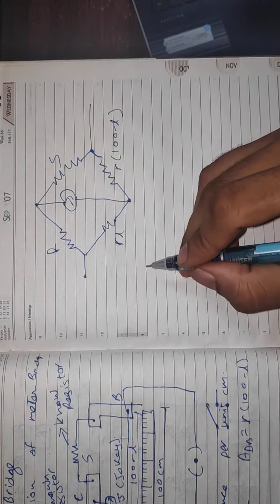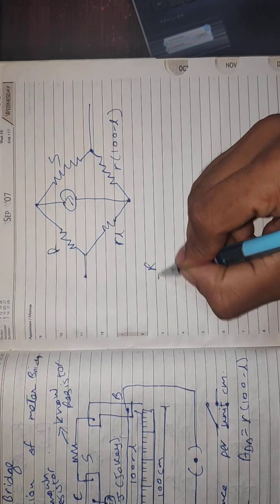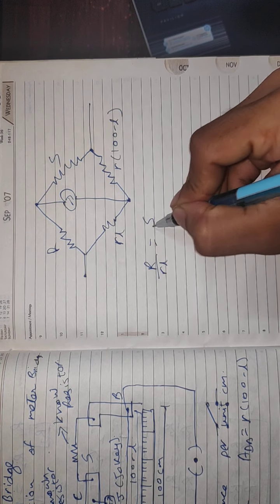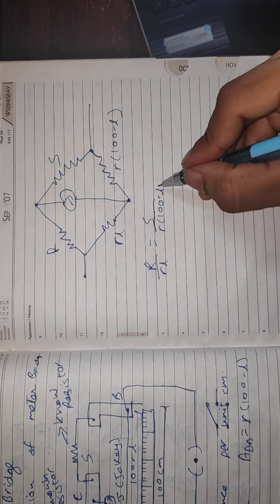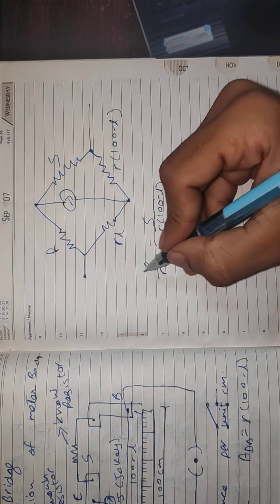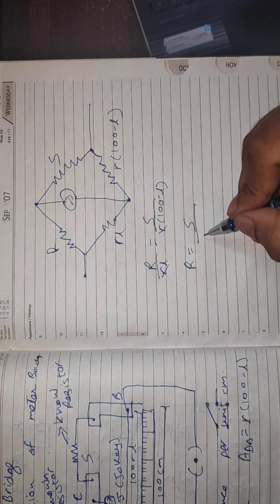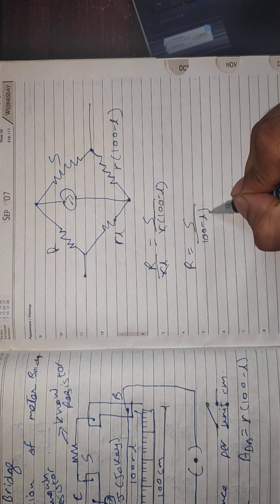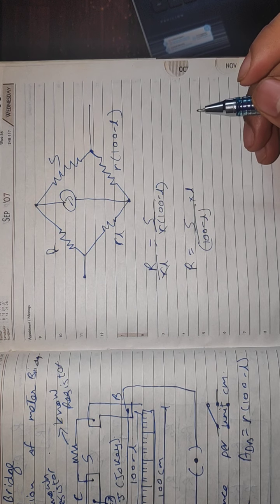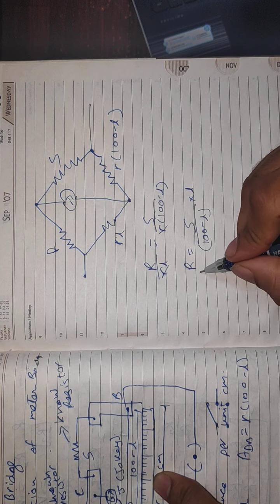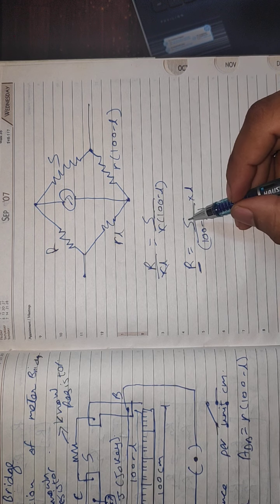Okay, to balance it, we know this upon this will be equal to this upon this. R upon RL is equal to S upon R into 100 minus L. Okay, can I write it in this manner? So here R can get cancelled. R equals S upon 100 minus L into L. This L will go this side. So we wanted to find our unknown resistor R. We know the value of S, that is a known resistor.